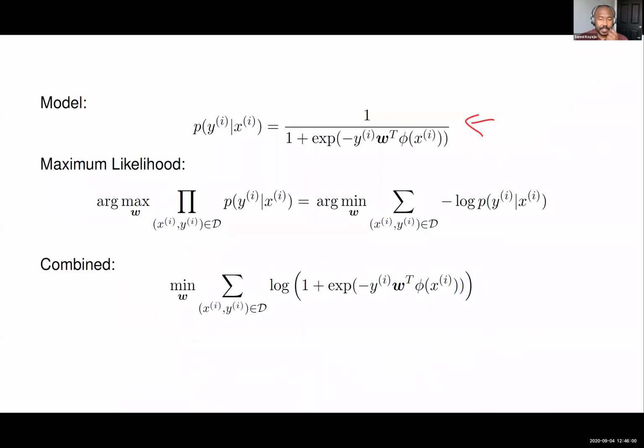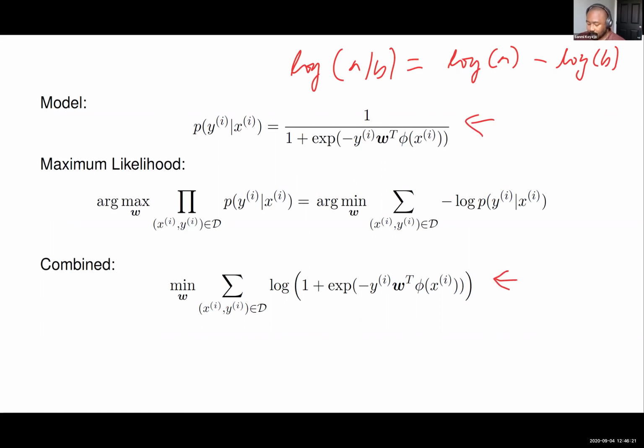Log of a ratio: log of A over B, as you might remember, is log A minus log B. That allows us to separate out the numerator and the denominator, which is convenient. And we end up with log of 1 plus e to the minus y times w transpose x. So this becomes the thing that we need to optimize.